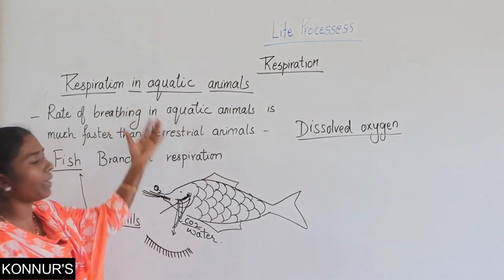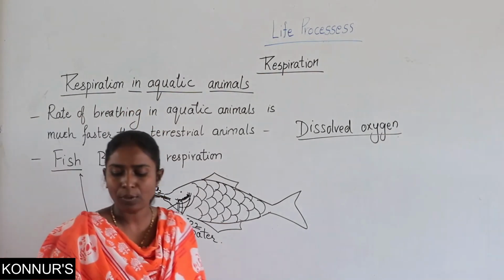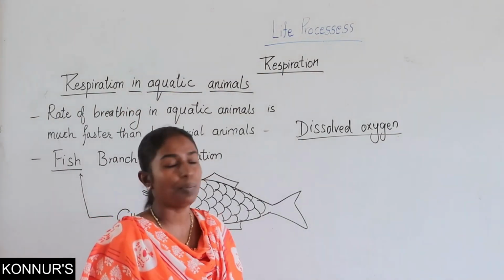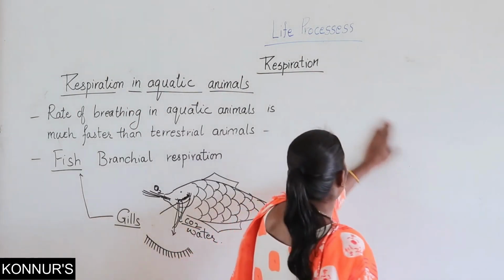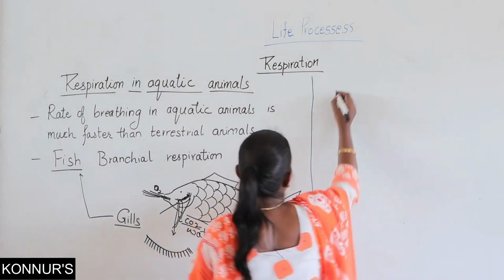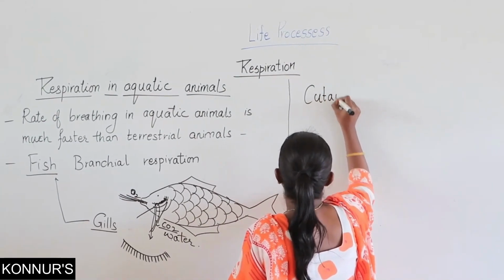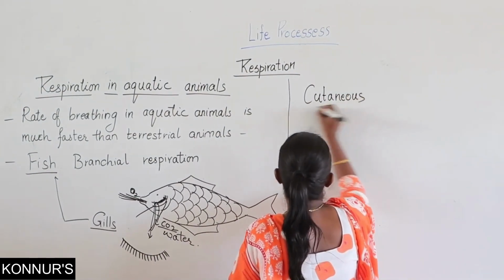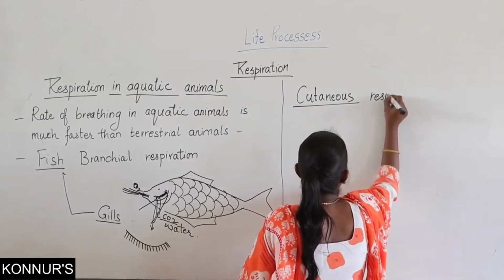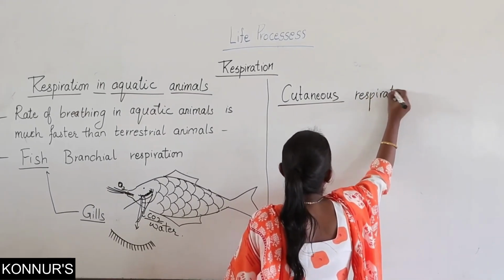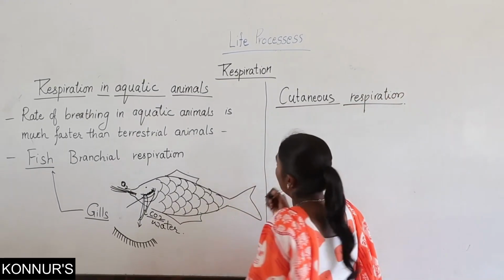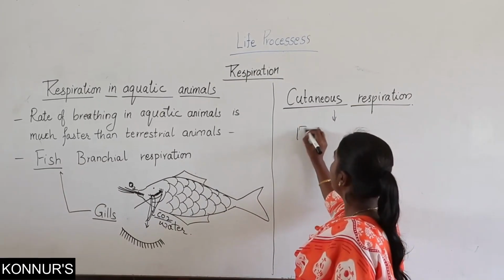So this is one about aquatic animals. One more example you can say of cutaneous respiration. The next one is cutaneous respiration. The example that we can take here is the earthworm.